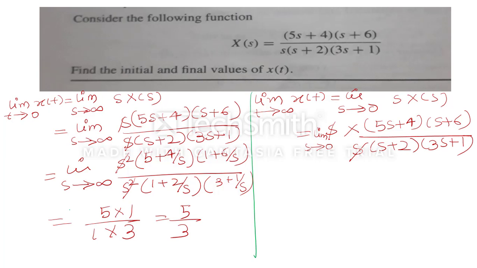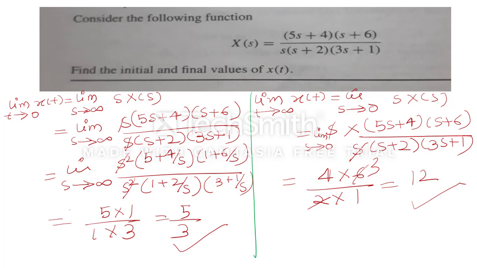So s will be cancelled out, and we can put s equal to 0 directly, so we will get 4 into 6 upon 2 into 1. So 2 3s are 6, so we will get 12. So for final value the answer is 12, and for initial value the answer is 5 by 3.